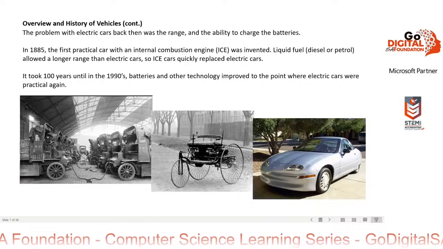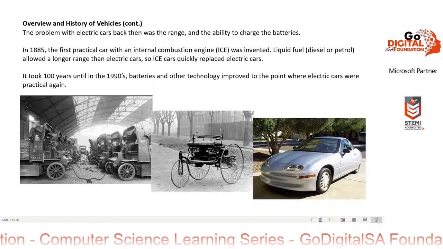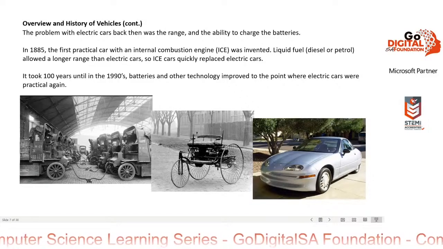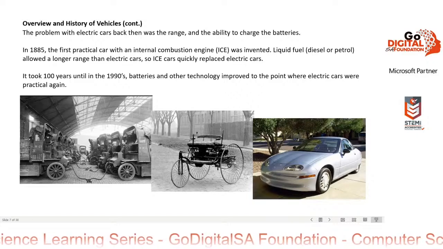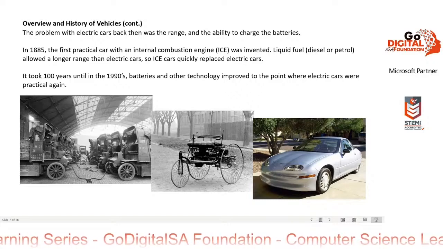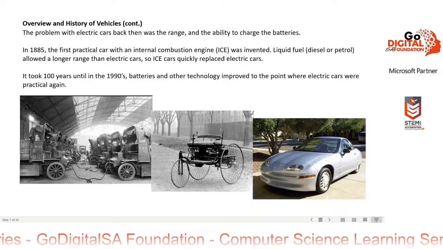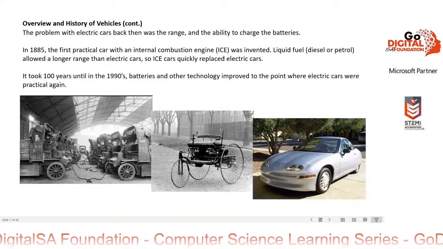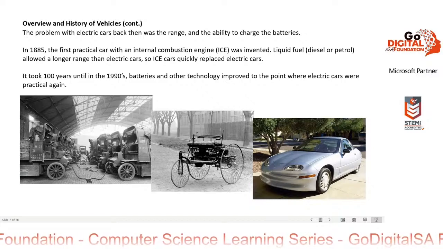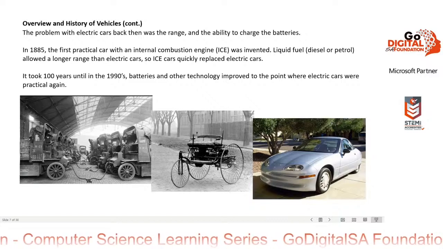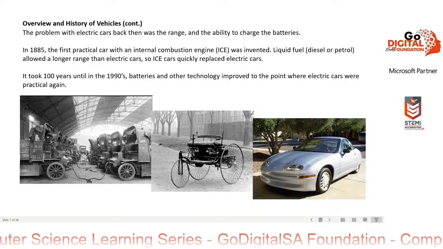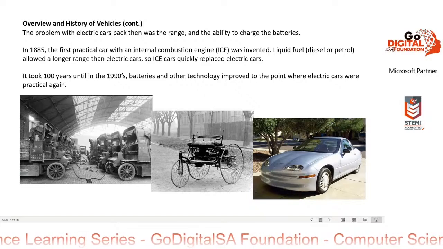In 1885, the first practical car with an internal combustion engine was invented. Liquid fuel, diesel or petrol, allowed a longer range than electric cars, so ICE cars quickly replaced electric cars. It took 100 years until in the 1990s, batteries and other technology improved to the point where electric cars were practical again.